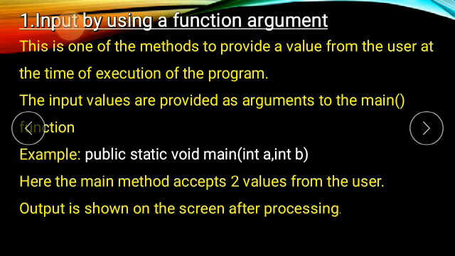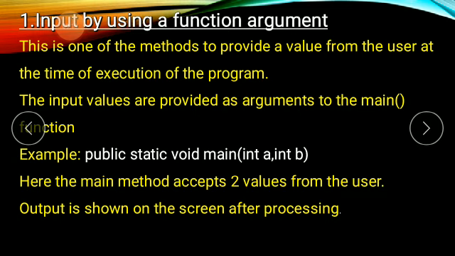You provide them at runtime, and wherever you have used a and b in the program, those values will be substituted. It will do the calculations written in the logic, and the final result will be displayed on the output screen.